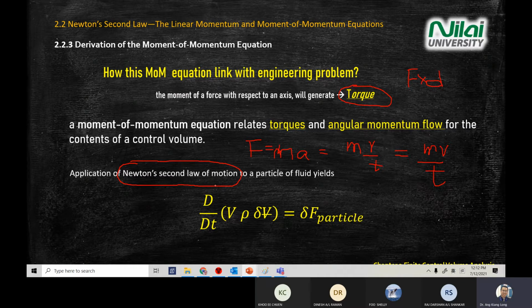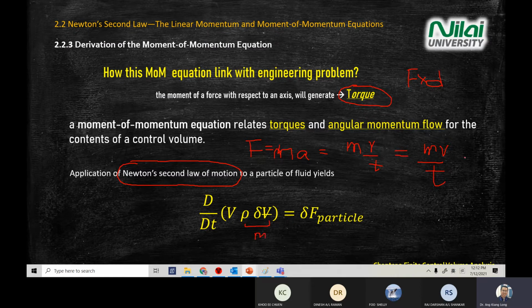Now you are very familiar with the equation at the bottom of your screen. This is what we learned previously: V times rho times volume divided by t equals your force. Why? Because rho times volume, density times volume, gives you mass.